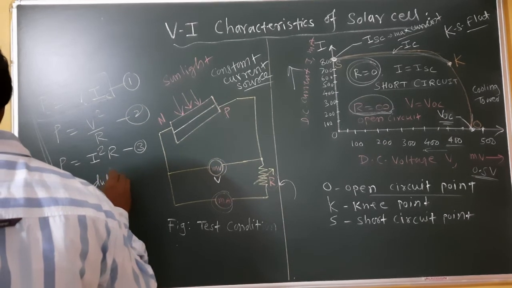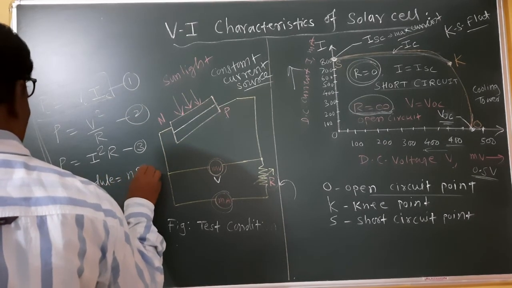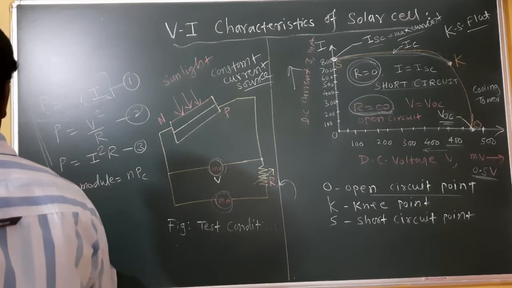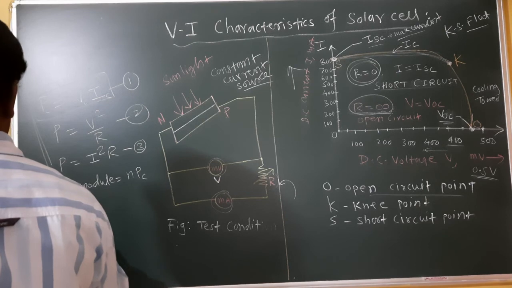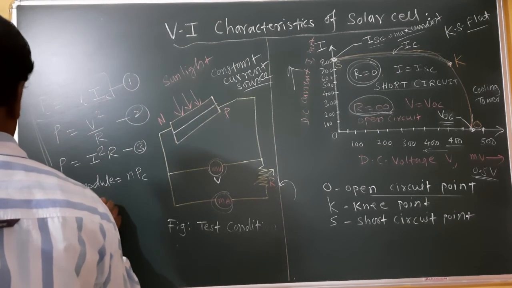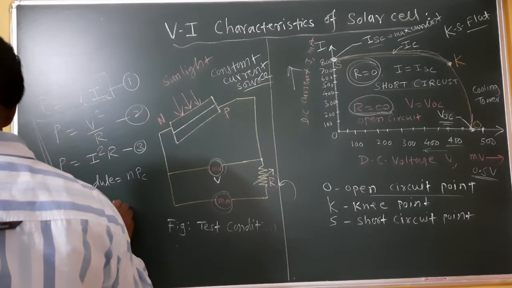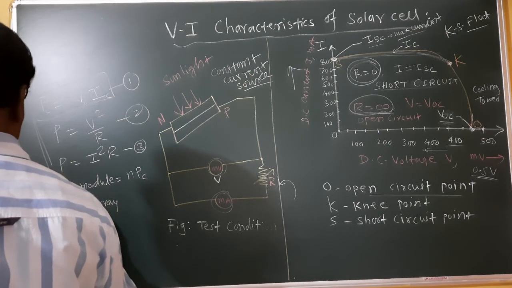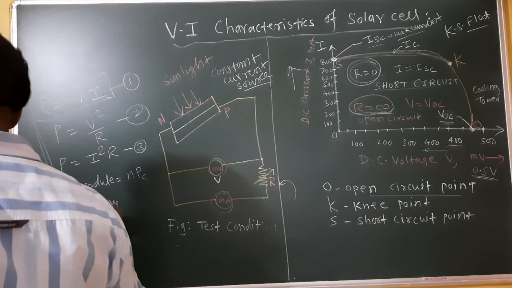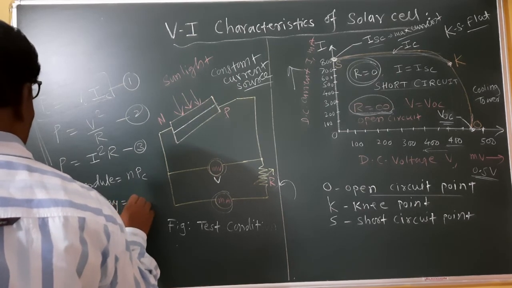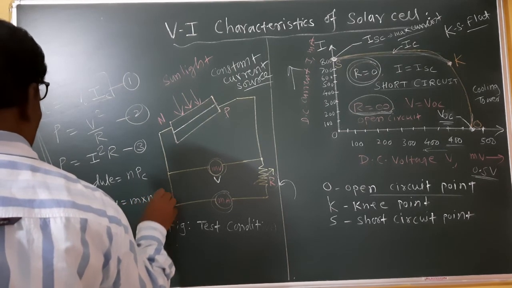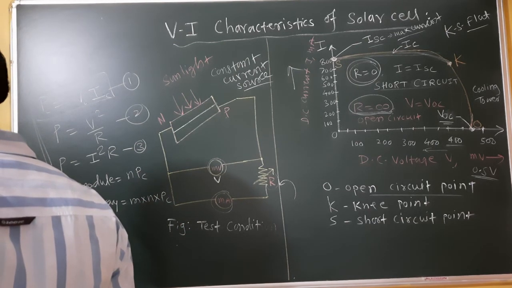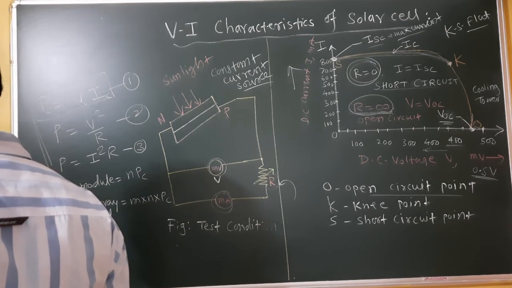Power per module is equal to N into P. Power per array or panel is equal to N into PC.